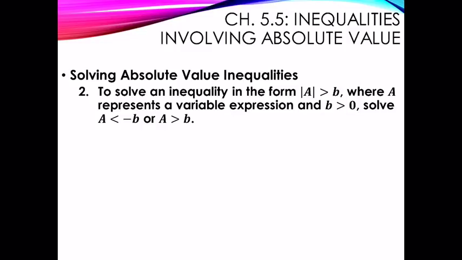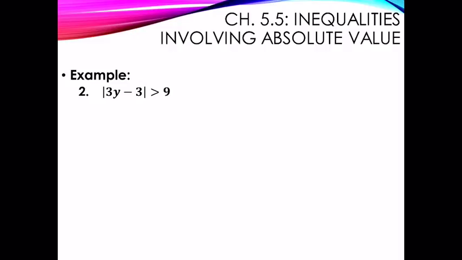One where A is less than negative B, or one where A is greater than B. So in the last example, since the inequality was less than a number, the answers that we had were an intersection or an AND problem. Since this one says greater than a number, this is going to be an OR problem.